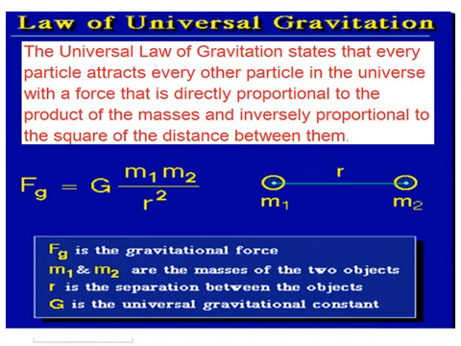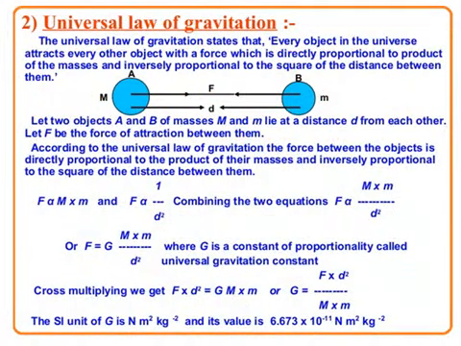Therefore, when you put it in the equation, it comes like this: F is equal to G m1 m2 by r square, where F is the gravitational force, m1 and m2 are the masses of the two objects, r is the separation between the objects, and G is the universal gravitational constant. Let us study in detail and let us derive the equation for the universal law of gravitation.